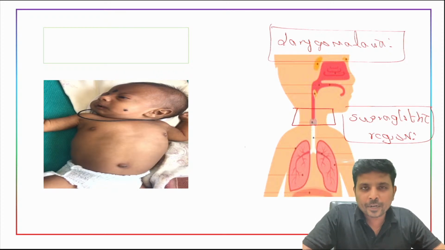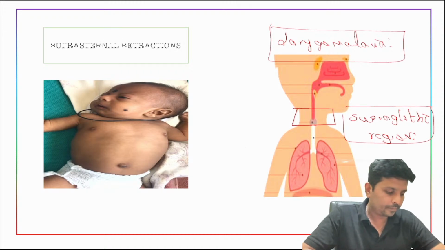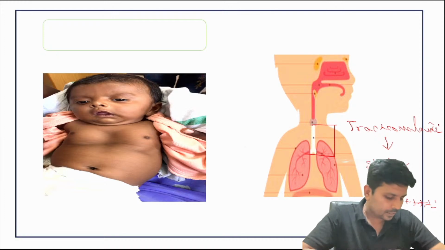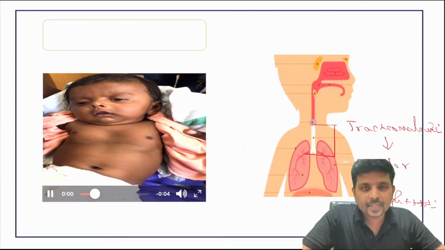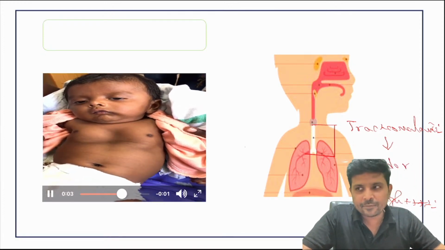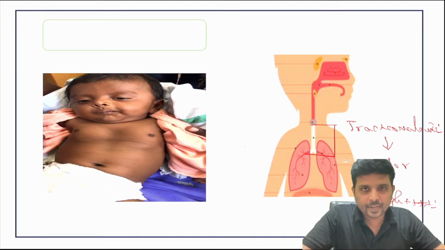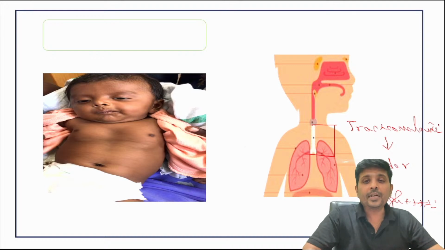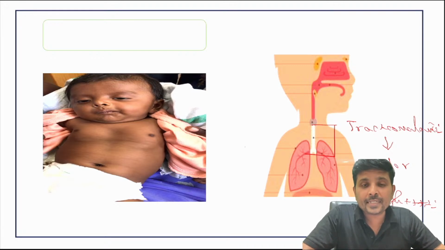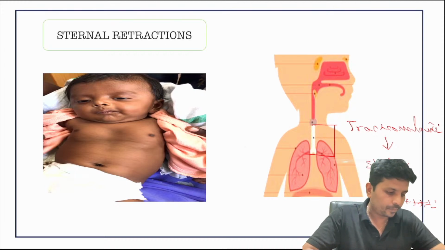The most common cause is laryngomalacia, and the most common presentation is neonatal stridor. The second is sternal retractions. The site of pathology is in the trachea. The most common cause is tracheomalacia. The presentation is a newborn with stridor and cough.